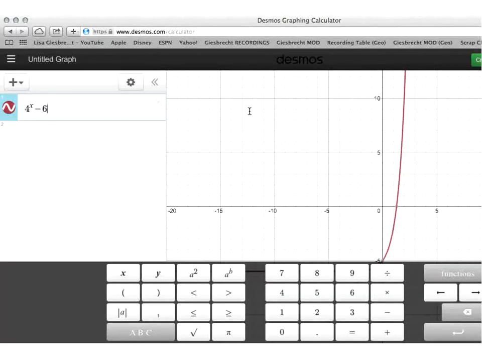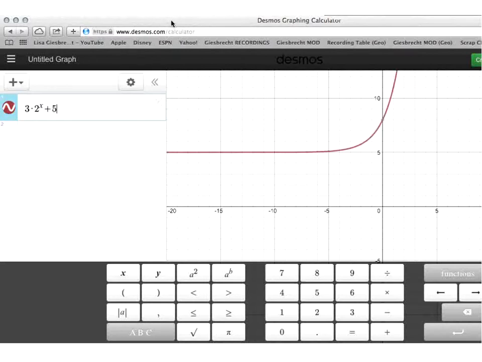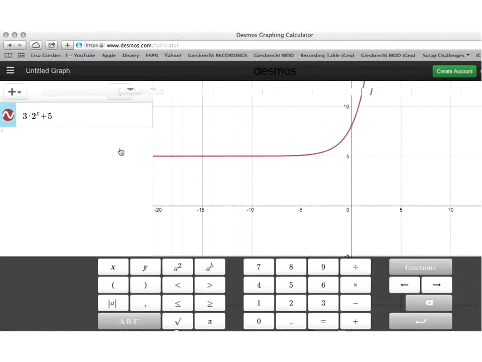What would be the asymptote? What did you guys guess? 5. You were right. So y equals 5 would be the asymptote. Good job. If I asked you range, which I didn't, you would say y is greater than 5.